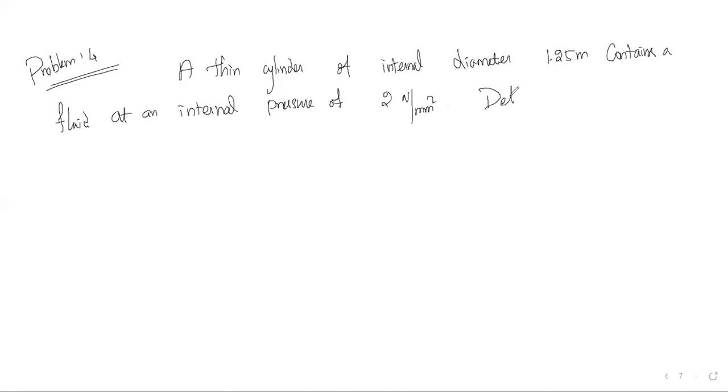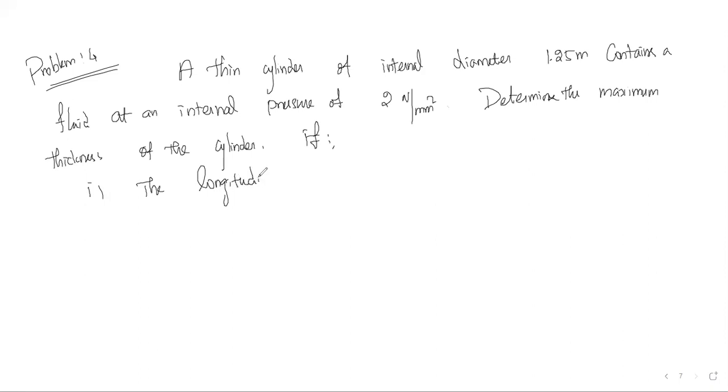Determine the maximum thickness of the cylinder if, first condition, the longitudinal stress, that is sigma 2, does not exceed 30 Newton per mm square.